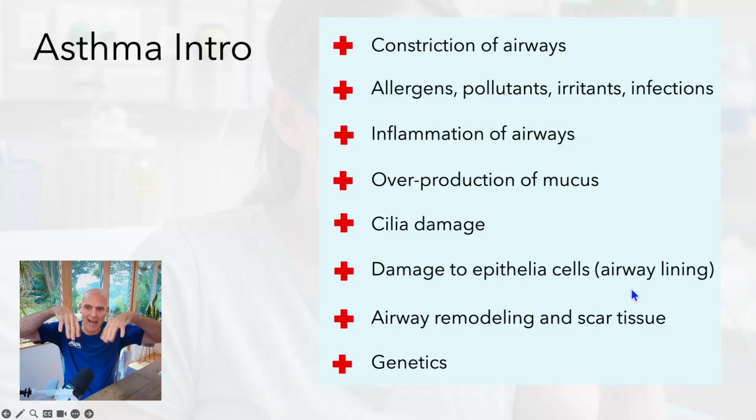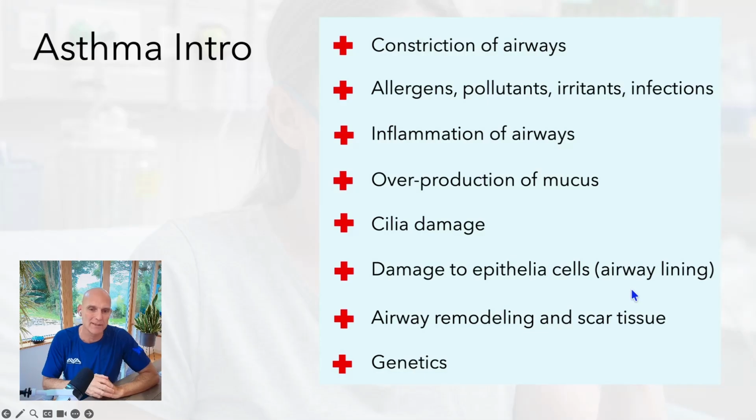They are tiny little hairs that line the airways all the way through, and along with the mucus they trap anything coming into the lungs, a bit like a filter. The mucus carries it away, and the cilia actually help the mucus move. So these are very important parts of the respiratory system.